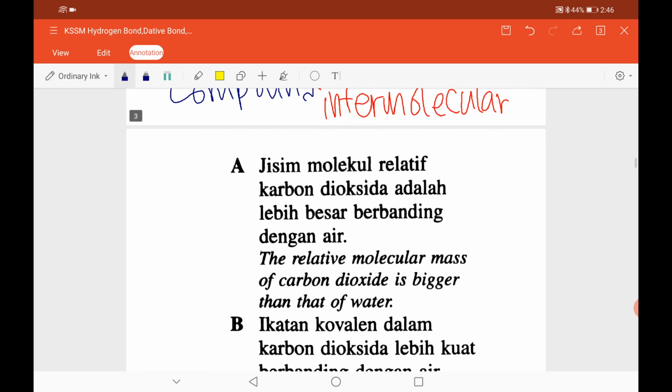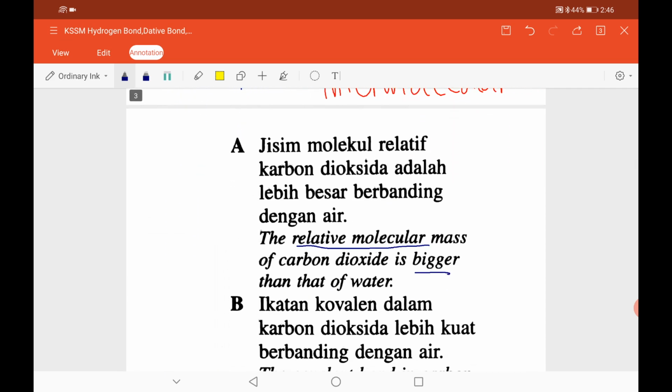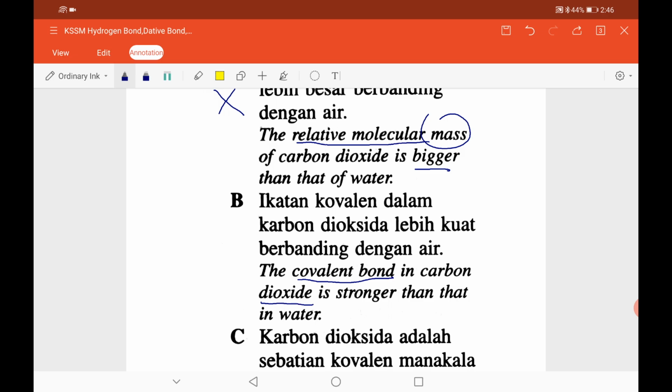Answer A, the relative molecular mass is bigger. When we're talking about the boiling point, it has nothing to do with the mass. So wrong. Second one, covalent bond in carbon dioxide is stronger than in water. No, there are two mistakes here. For carbon dioxide, which is a covalent compound, we are not breaking covalent bond, we are breaking van der Waals force, which is weaker, not stronger.